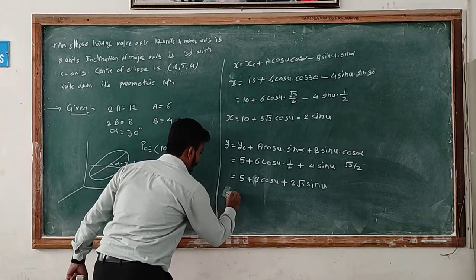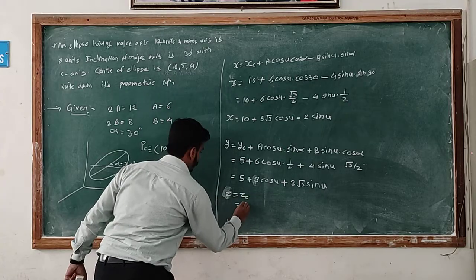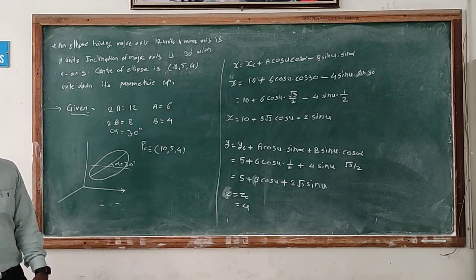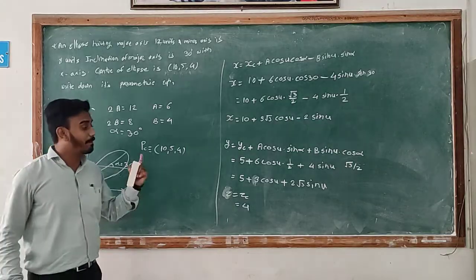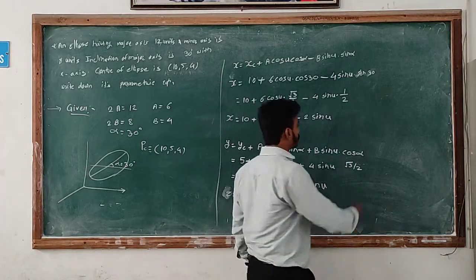z is equal to zc, which is equal to 4. So what is the parametric equation of the ellipse?